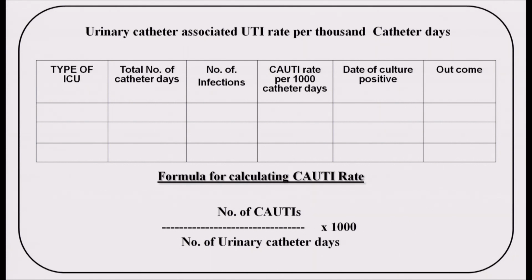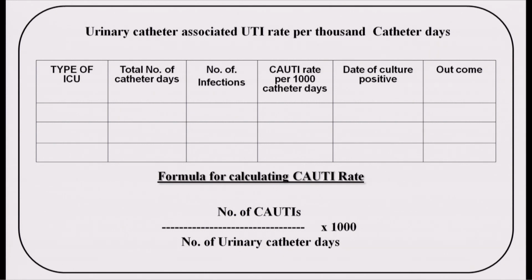Only those infections which the patient gets after 48 hours of admission, which were neither there at the time of admission, nor was the patient incubating the organism at admission. So, the number of hospital acquired CAUTIs divided by the total number of catheter days, as we discussed just now about the ventilator days, multiplied by 1000.